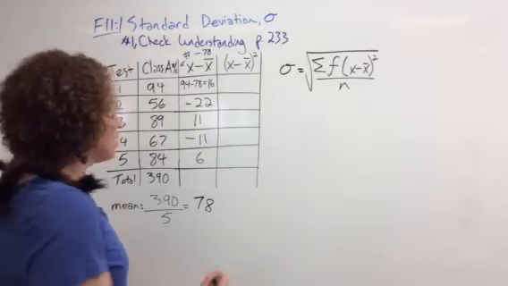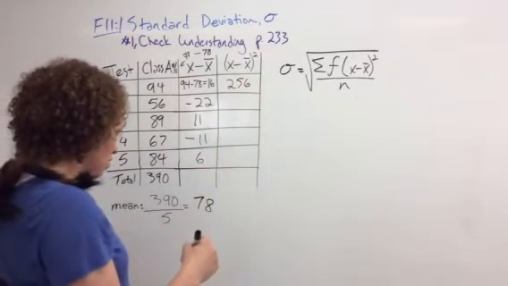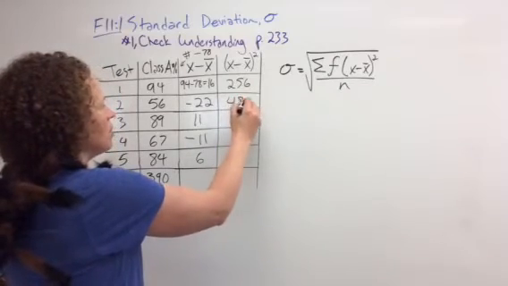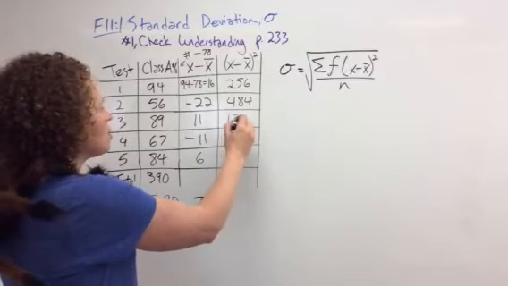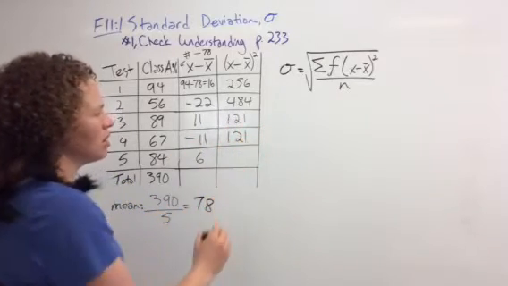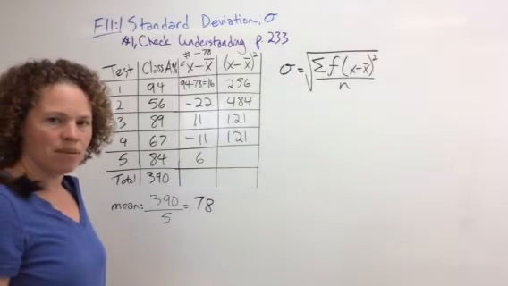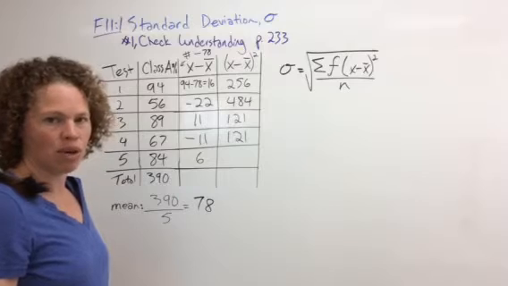Turns out 16 squared is 256. 22 squared is 484. Now I know you all memorized this from before, right? 11 squared is 121. Negative 11 squared is 121 as well. Remember that a negative times a negative is a positive, so you're never going to get a negative answer when you square a number.